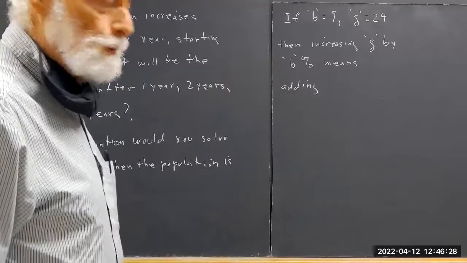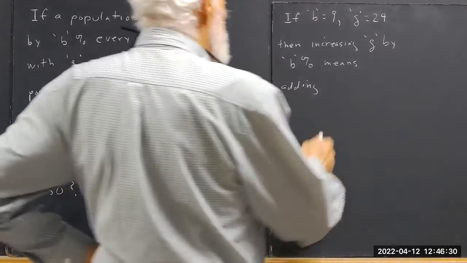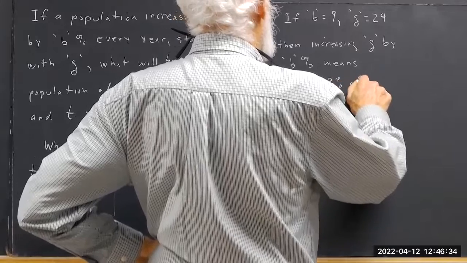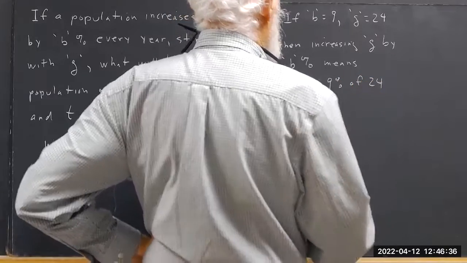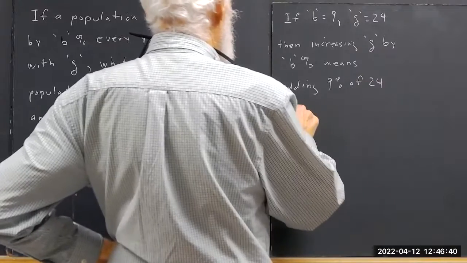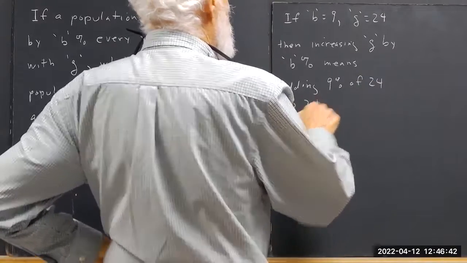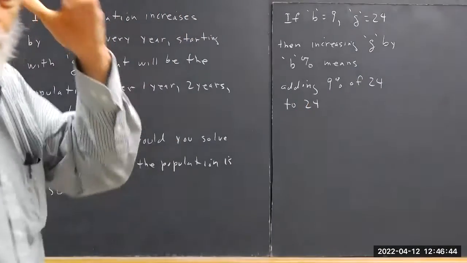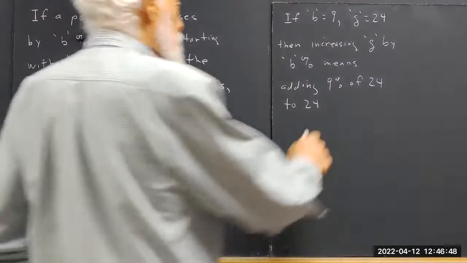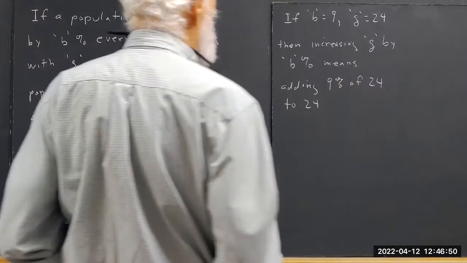Increasing G by B percent means adding 9% of 24 to 24, right? So that's how we increase something by 9%. I think everybody's good with that.